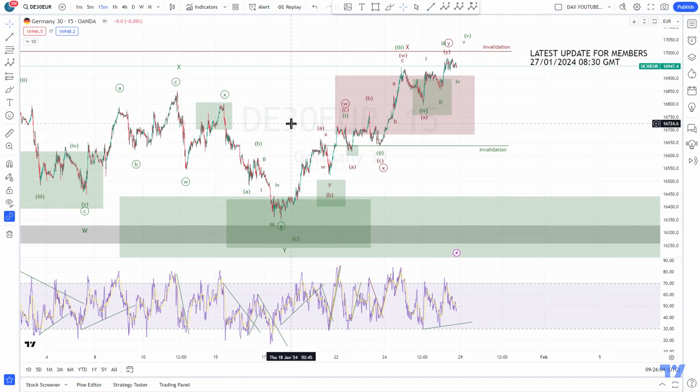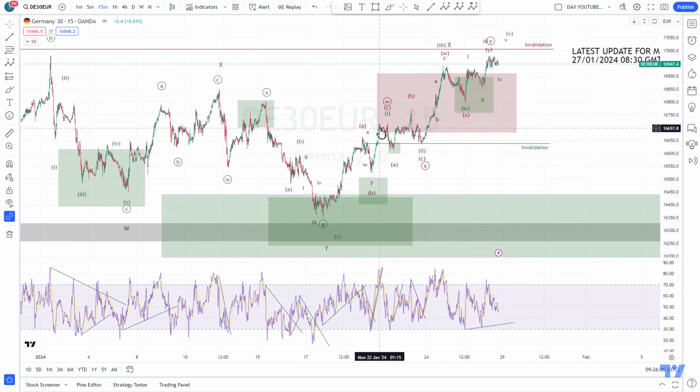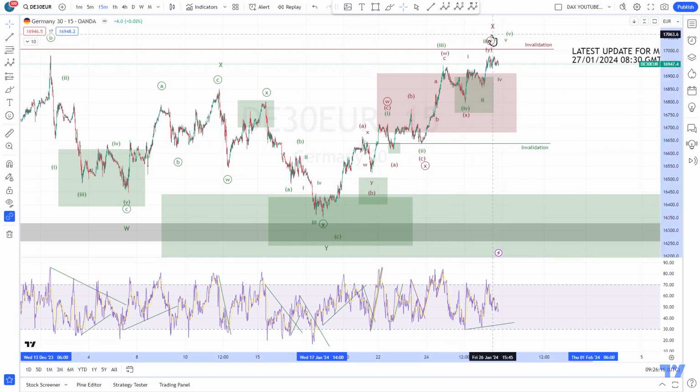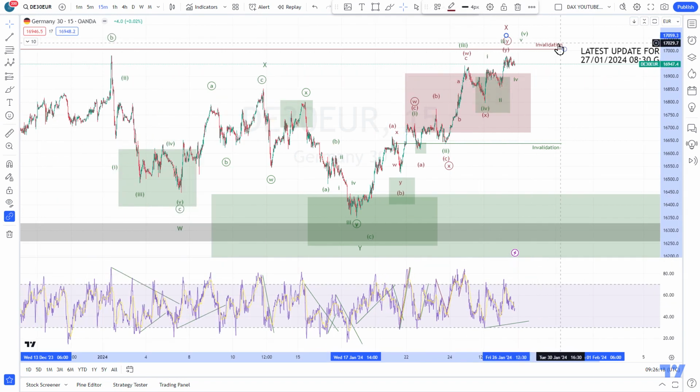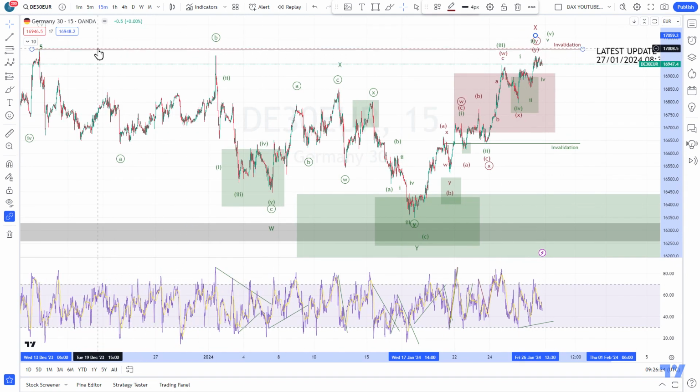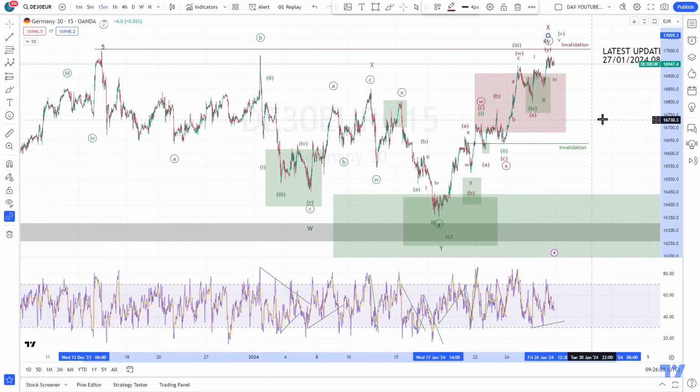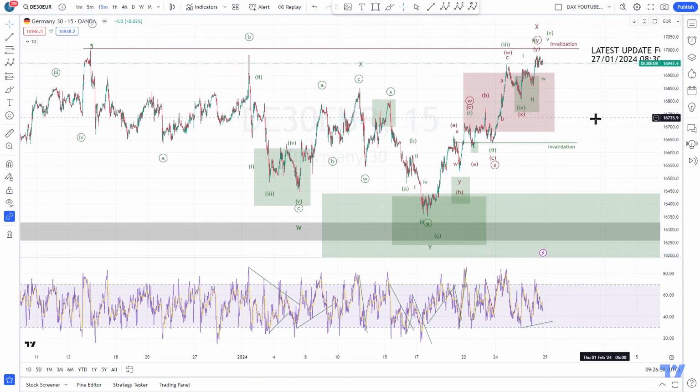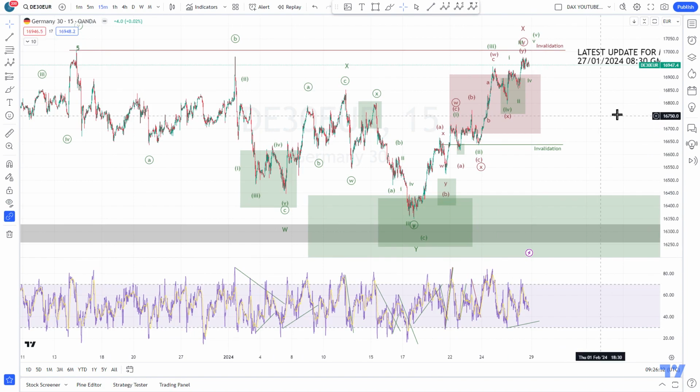This would actually fit better in a corrective move and a WXY structure as indicated in red. So as long as we stay below this level here, the all-time high, it could be that we are still working on a correction.